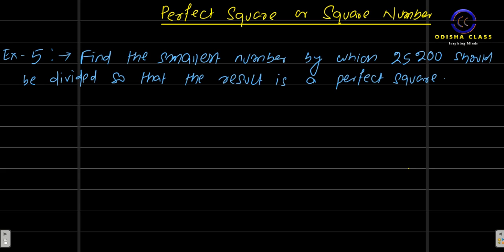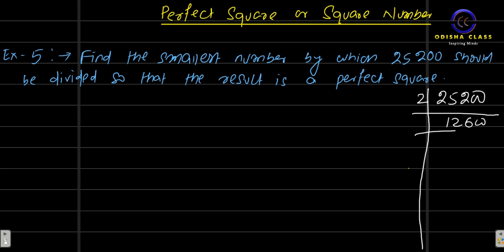Now resolve 25,200 into prime factors. Divided by 2, it becomes 12,600, divided by 2 it becomes 6,300, divided by 2 it becomes 3150, divided by 2 it becomes 1575.